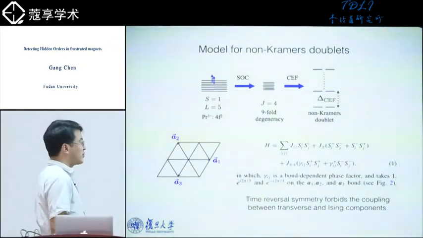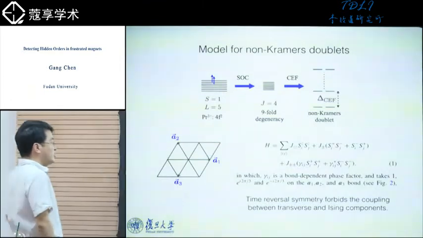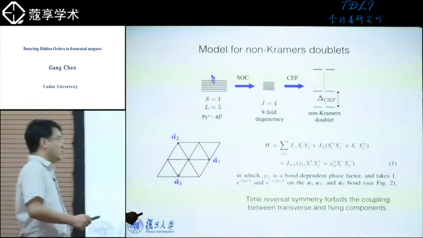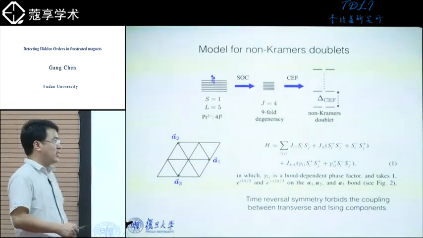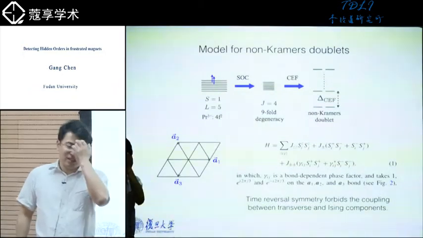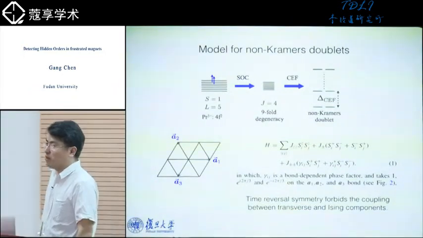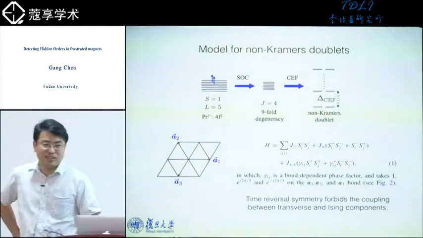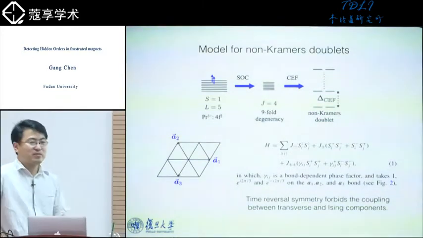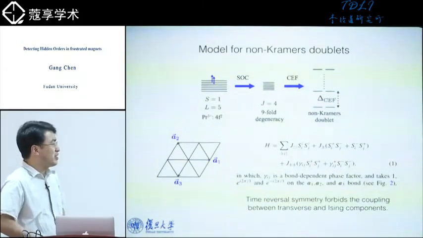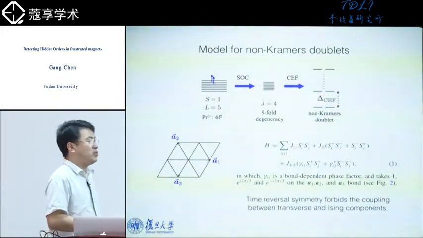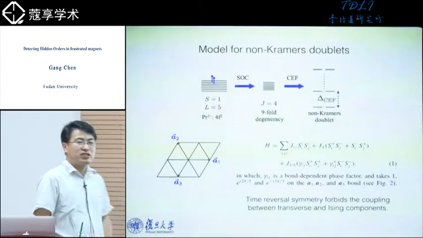So another important feature of this model is there is no coupling term between Sz and the transverse term, because they have different properties under time reversal symmetry. Time reversal symmetry forbids the coupling between the Z component and the transverse component.